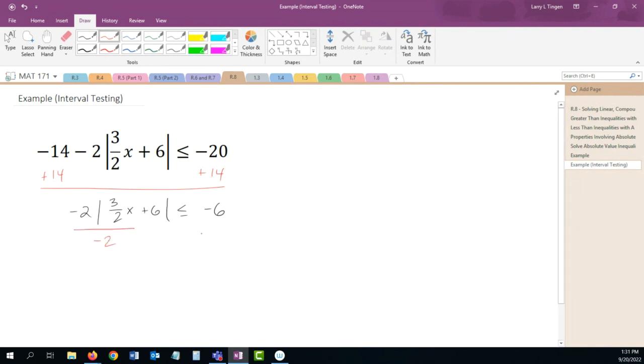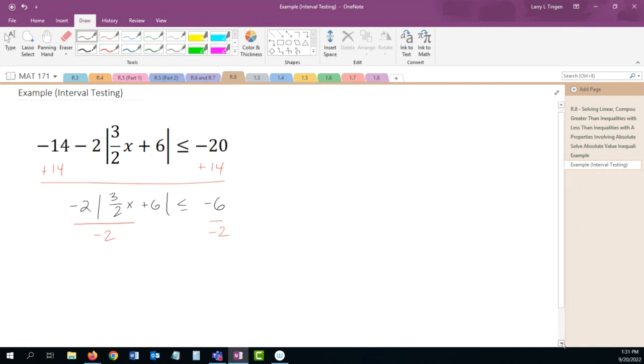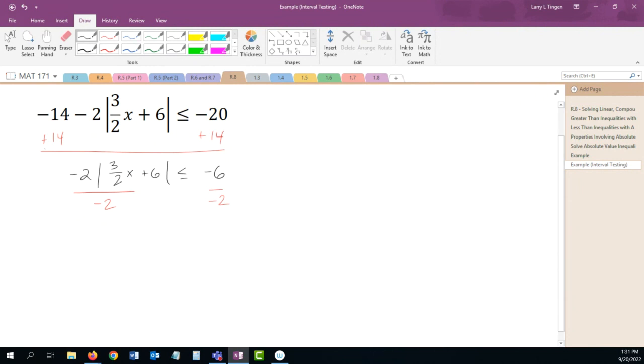And now I have to deal with the devil here, divide both sides by a negative. And remember it's going to impact my inequality. On the left-hand side, the absolute value is now by itself.